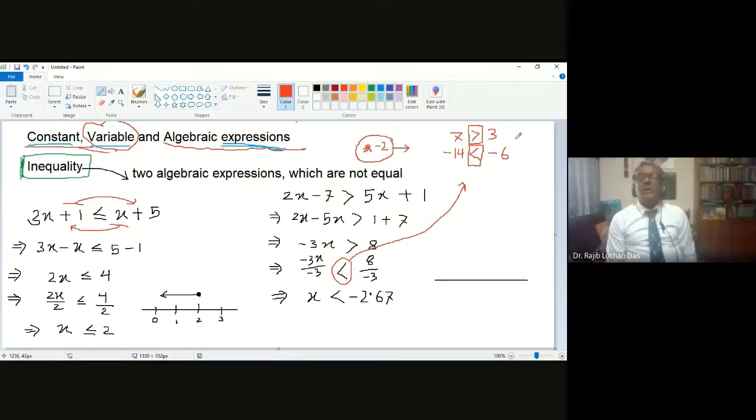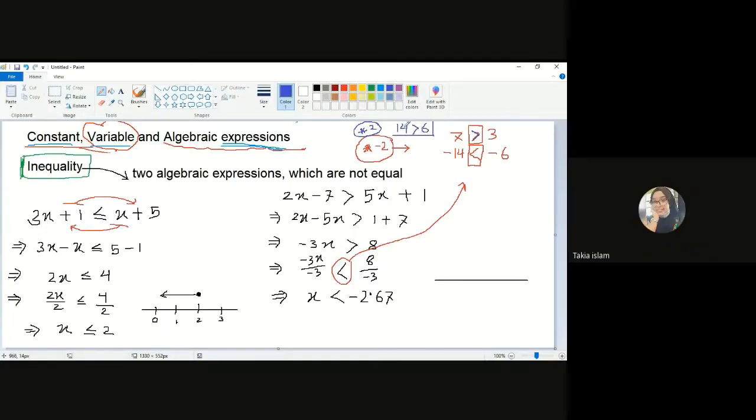If you multiply by a positive number, then there will be no change. Like if you multiply by only 2, not -2, then it will be the same. It is 7 into 2, 14, 3 into 2, 6. So originally it was greater than, now it is greater than. Same thing, no change.